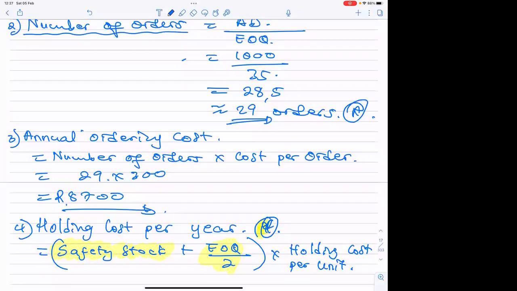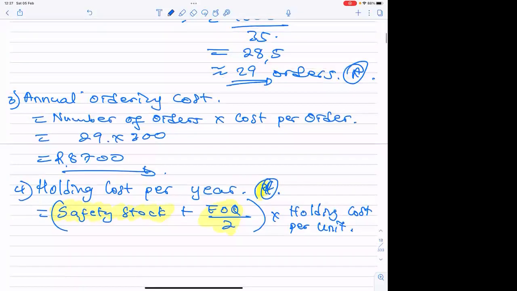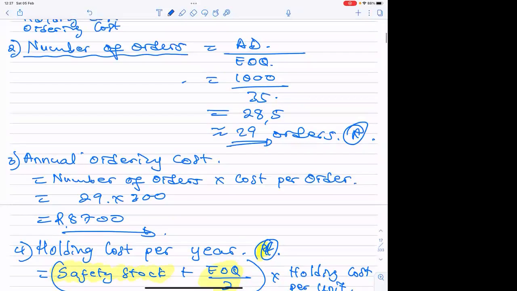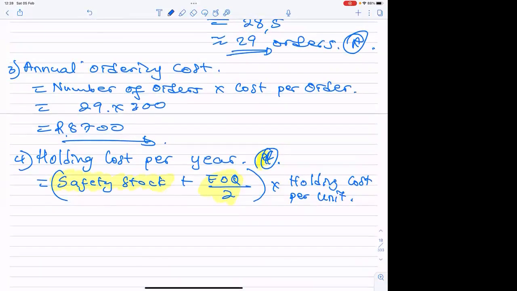Before the next order, we are not going to be holding 35 units every time. Do you agree? Because when you order, a customer is going to come and buy inventory. Altogether, our inventory is always what? Reducing. So the reason they say the economic order quantity is divided by 2 is so that we can calculate the average inventory.